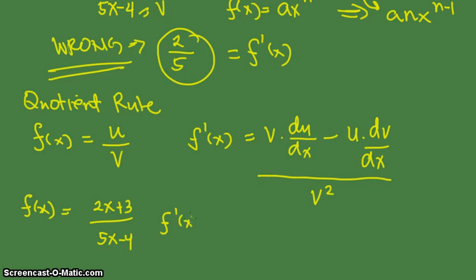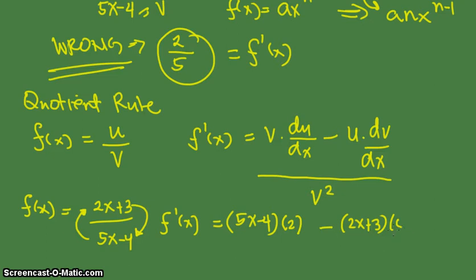The derivative will be the one below, 5x minus 4, times the derivative of 2x plus 3, which is 2. And then minus the 2x plus 3 times the derivative of 5x minus 4, which is 5. All divided by 5x minus 4, the one below, squared.